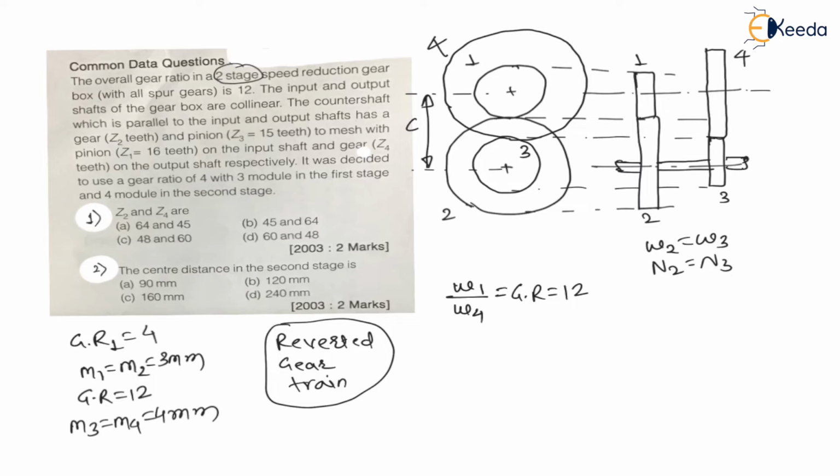And gear ratio in first stage, omega 1 divided by omega 2, is given 4. As they are in mesh, the module must be same. Module of 1 and 2 is given 3 mm, and module of 3 and 4 is given 4 mm, right?